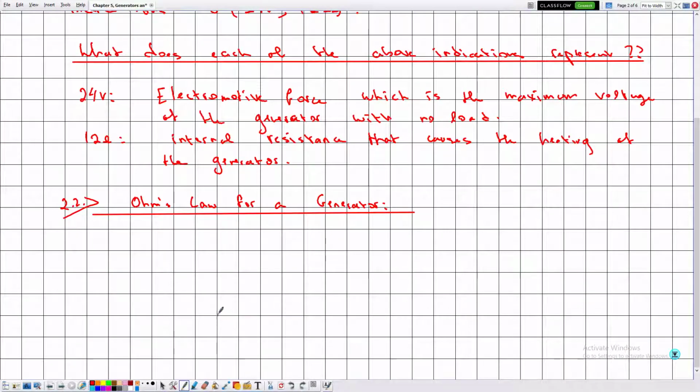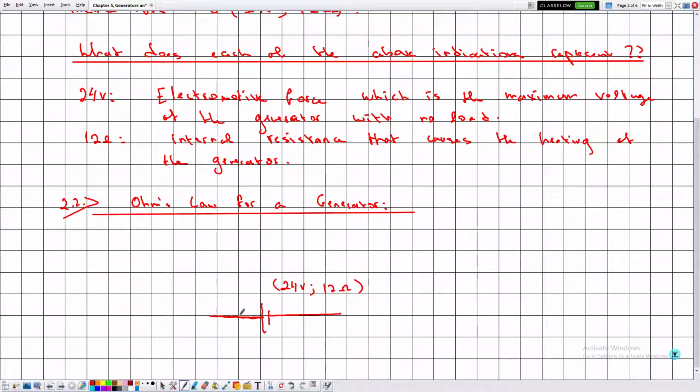So now let's suppose that we have a generator that carries the following indications: 24 volts and 12 ohms.